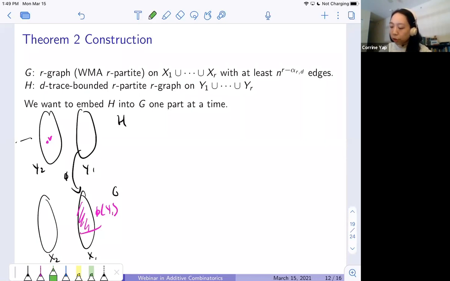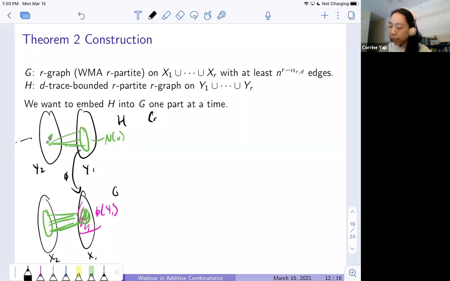Well, what I would want to do is look at all of the neighbors of v in Y1. So this is the neighbors of v. And I would want to see where phi sent those neighbors. So maybe it sent them there. And then a candidate for phi of v would be all of the common neighbors of phi of the neighborhood of v.